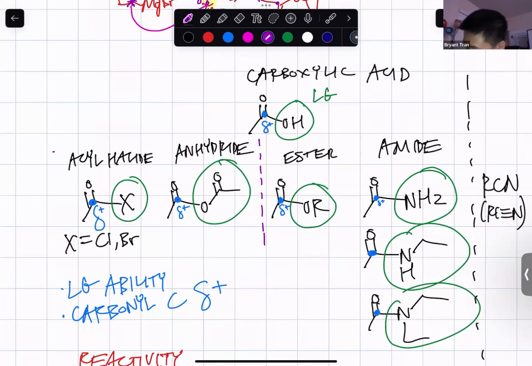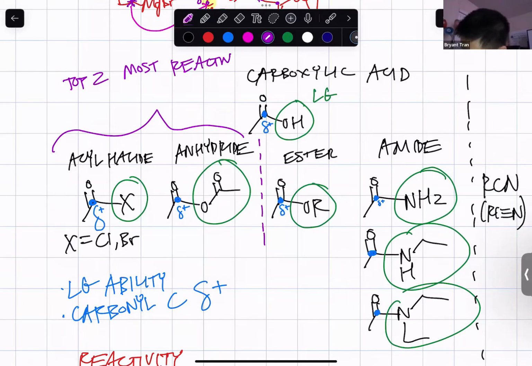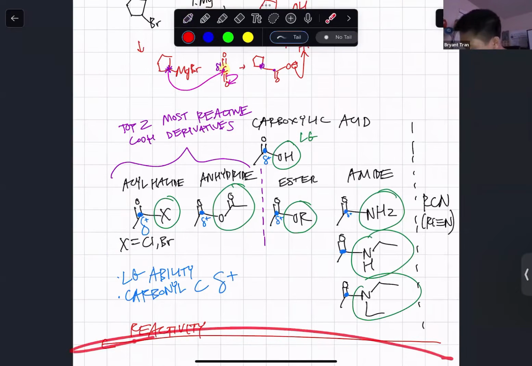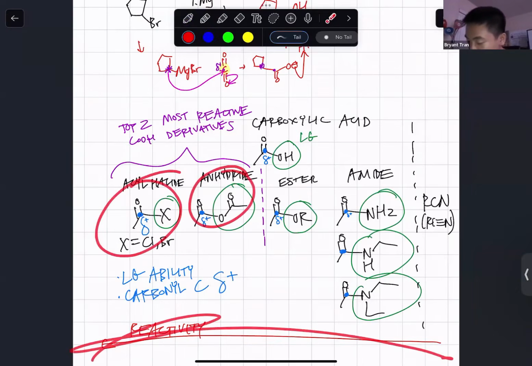The acyl halide and anhydride are the top 2 most reactive carboxylic acid derivatives, right? And that makes sense because we already explained why this is the list of reactivity. Acyl halide is number 1, anhydride is number 2.